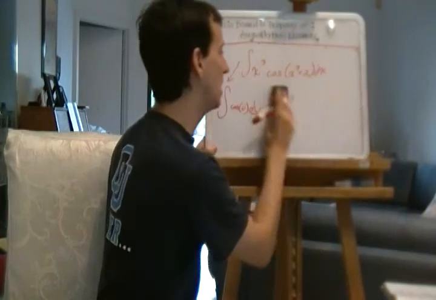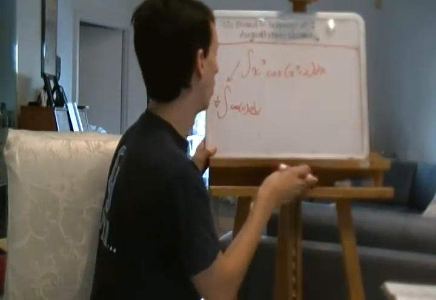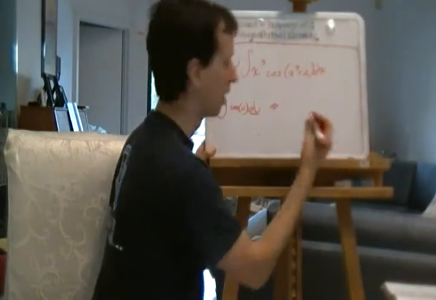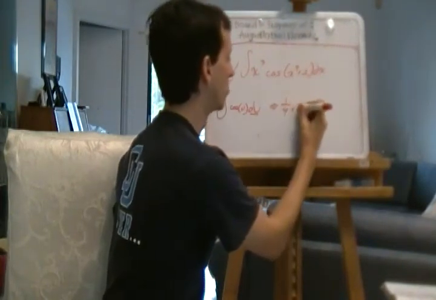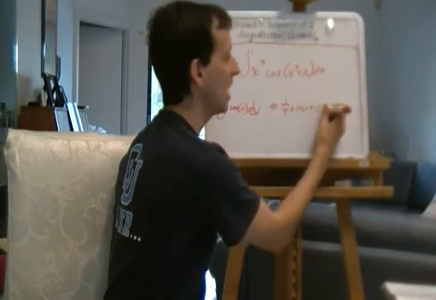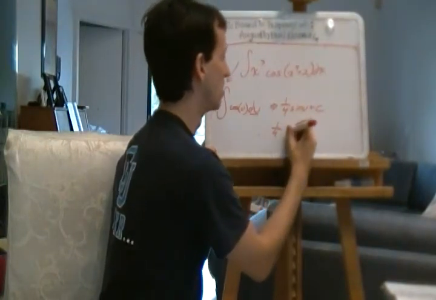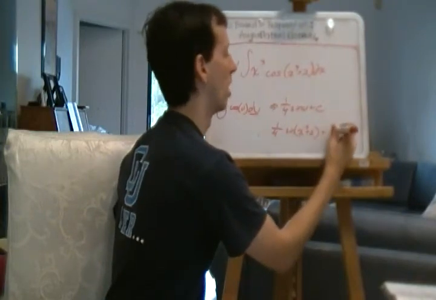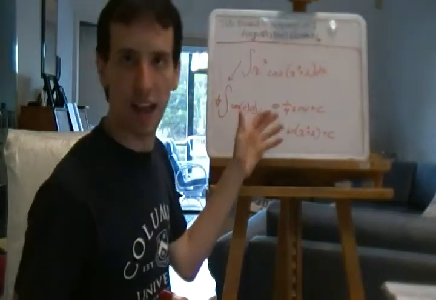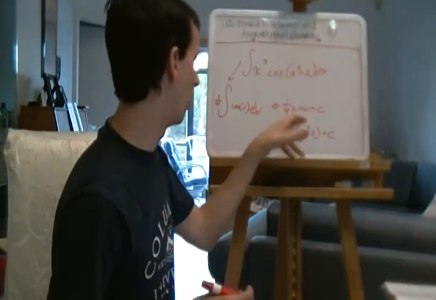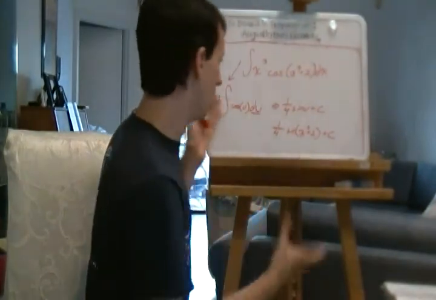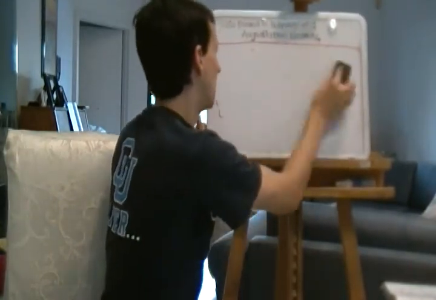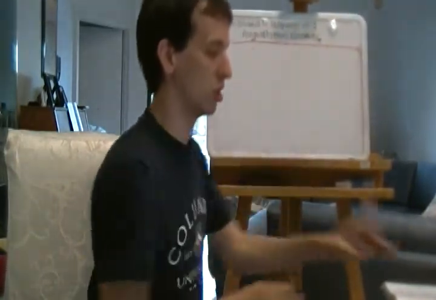This is really easy as well, because the integral of cosine, as I hope we know by now, is sine. So it's 1/4 sine u plus c, or 1/4 sine of x to the fourth plus 2 plus c. You see how we did that? Just plug the x right back into where u was, and we're good. All right. So that's the idea behind substitution.